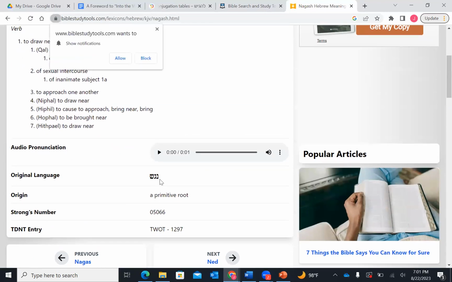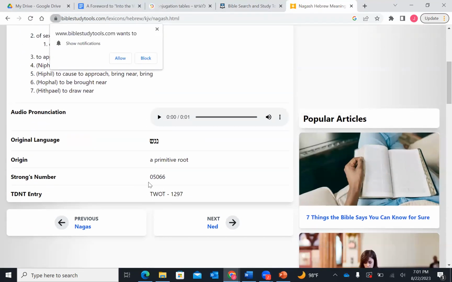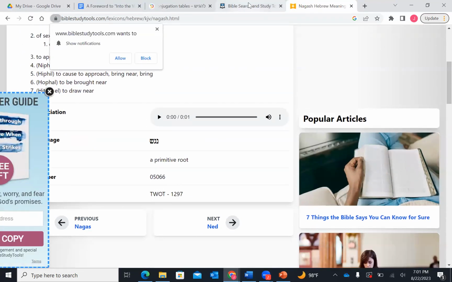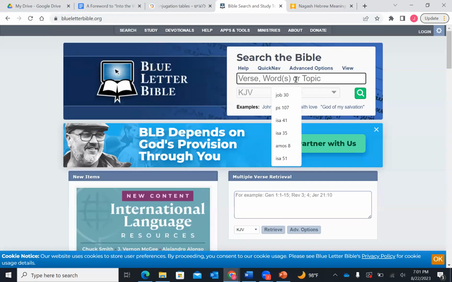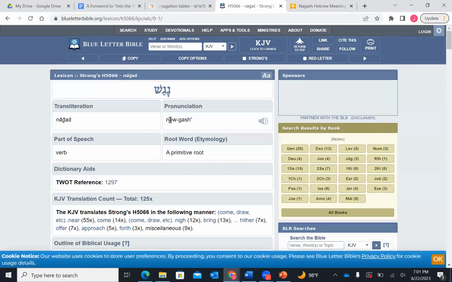Let's see, nagash, Strong's 5066. So we're going to go to H5066 and see what it says. Nagash. So you see that?